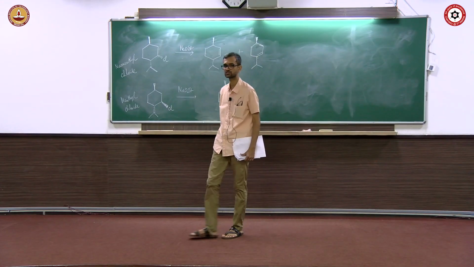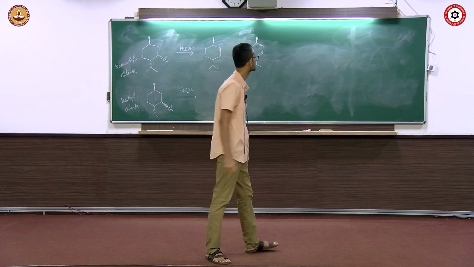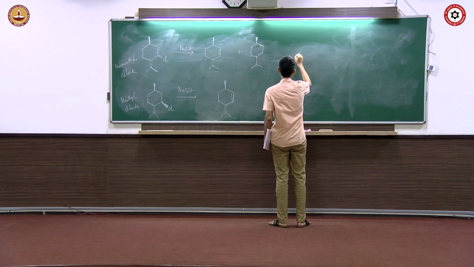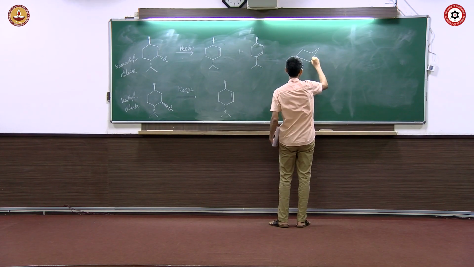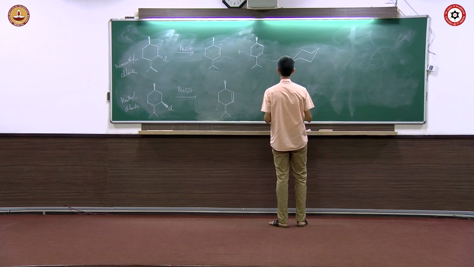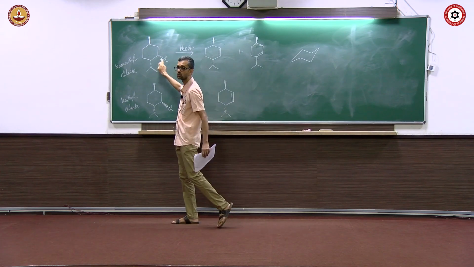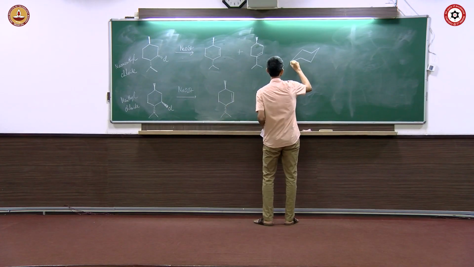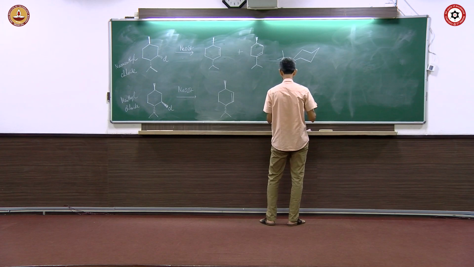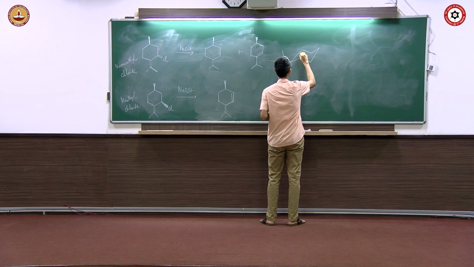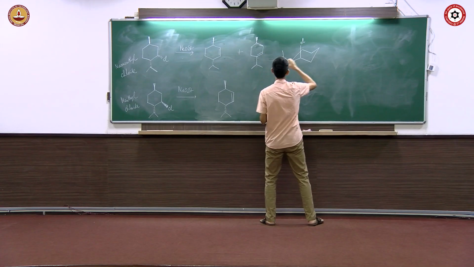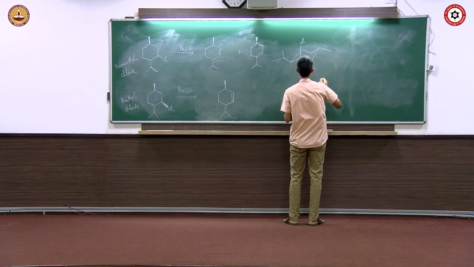Can you draw structures of these two? Let's draw a structure of the starting material. If you have to draw the neomethyl chloride, these two are cis. So if you place this equatorial, the other one should be axial, and that is trans, that's the methyl.